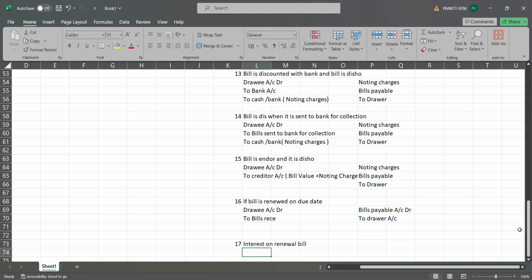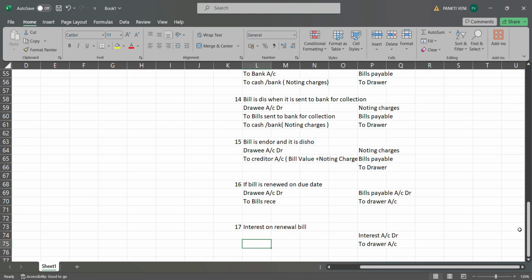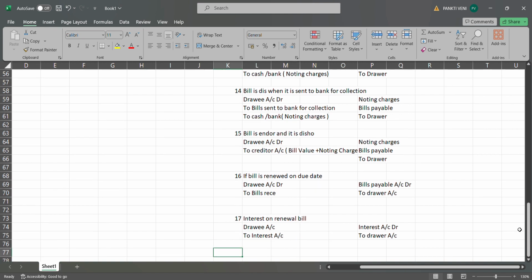Interest is an expense for the drawee, so interest account debit to drawer account, and interest is an income for the drawer. So for the drawer it will be income and for the drawee it will be an expense.